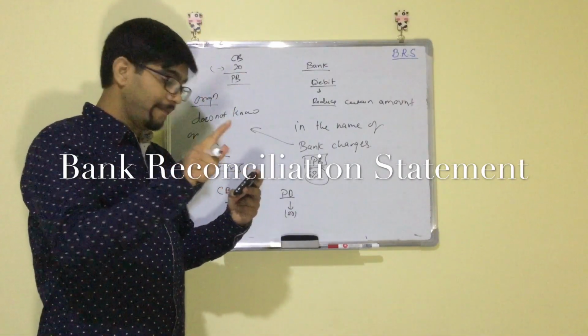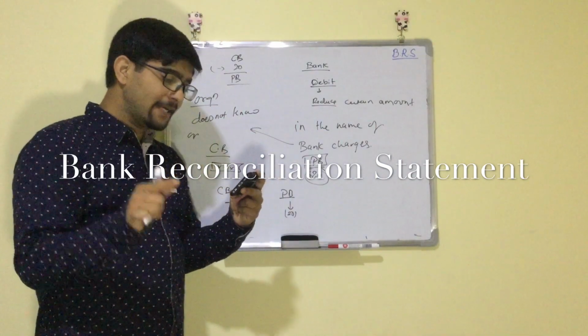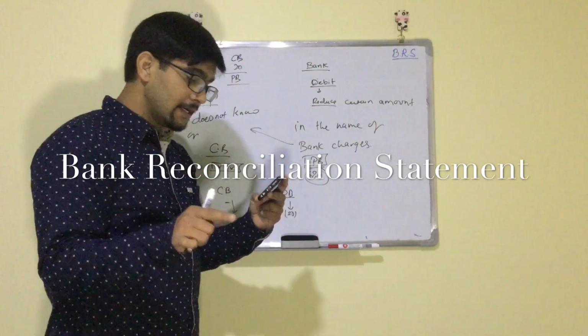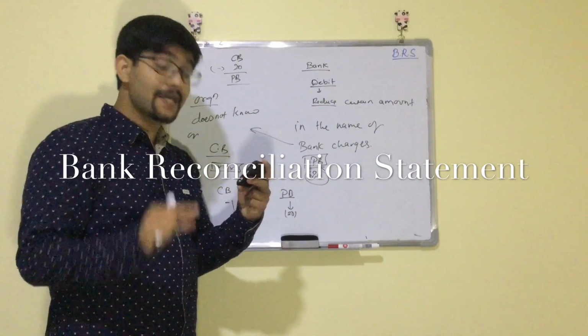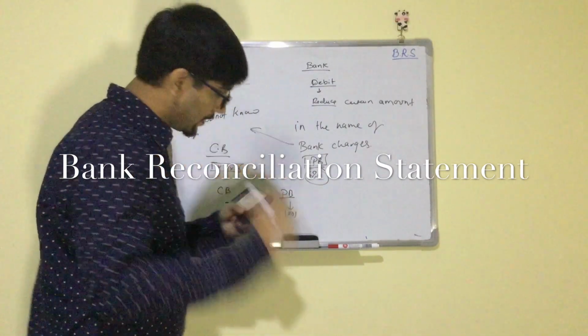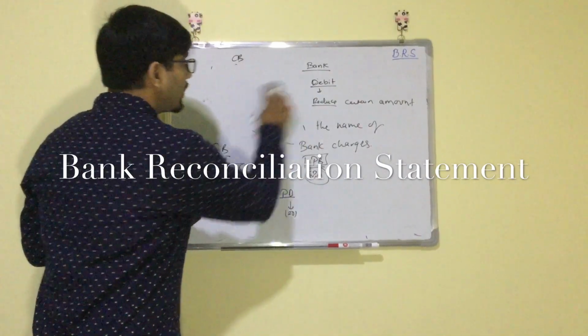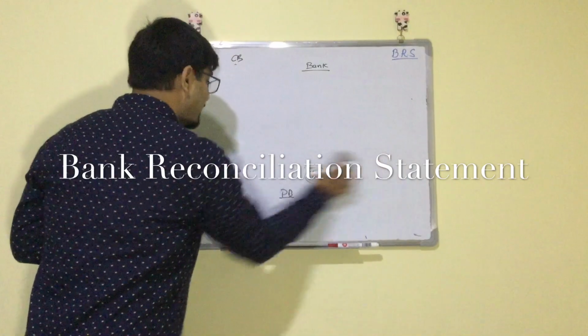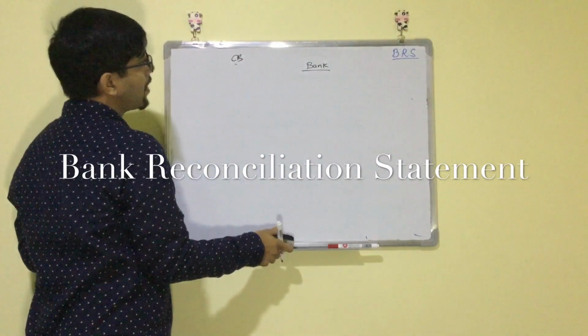Direct deposit made by, we have already discussed this point, the debtor in the bank, $500, notice of which was received on 2nd January 2018. So one of the customers has directly deposited the amount in the bank, but we don't know about it.